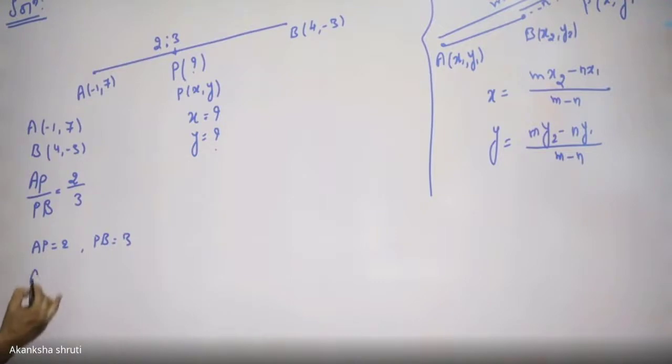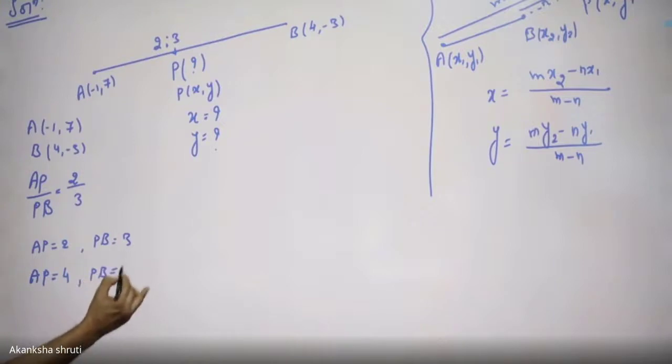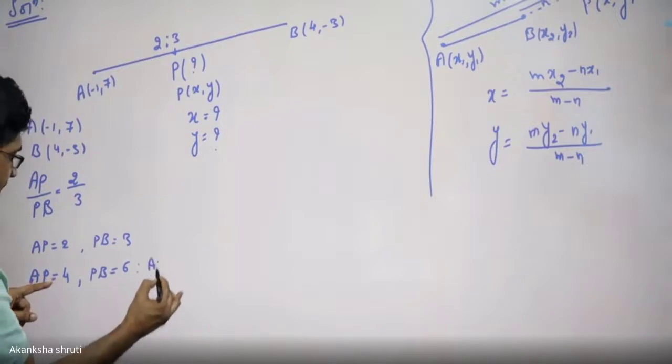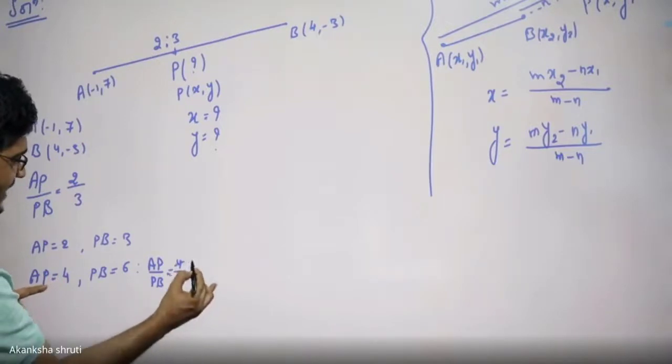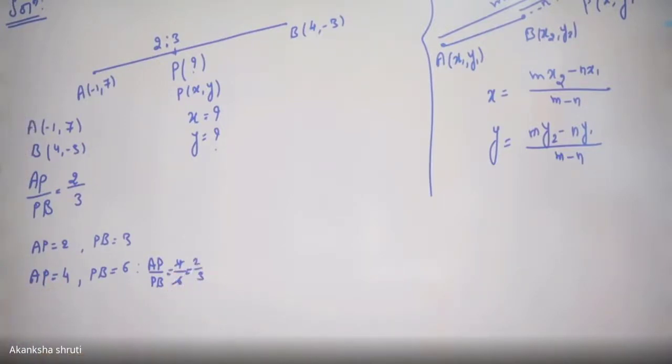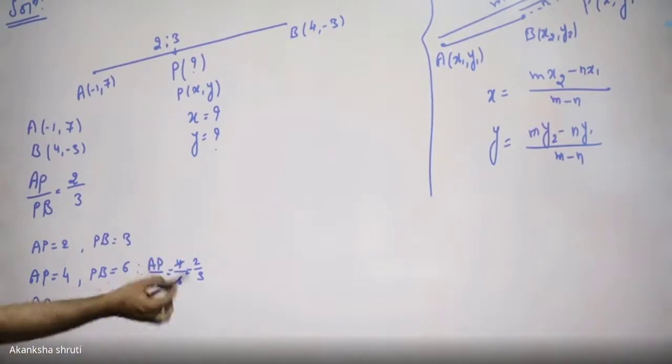It may be possible that AP could be 4 and PB could be 6, so that still AP by PB, which is 4/6, on cancelling you will get 2/3. So keep in mind, it is the ratio which is important. It is not the actual length. Actual length may be anything. It may be possible that AP could be 12 and PB could be 18. Still the ratio AP to PB is 12/18, 2/3.